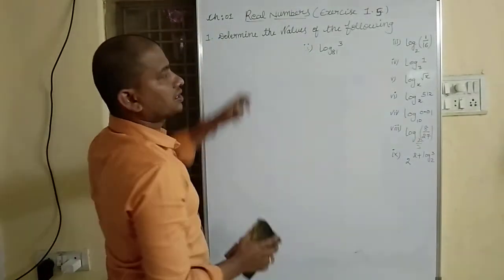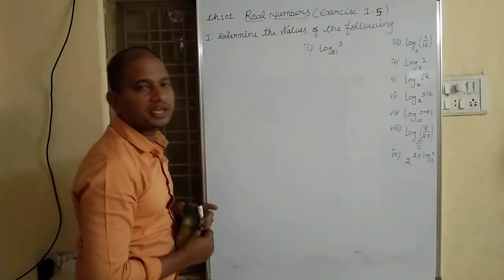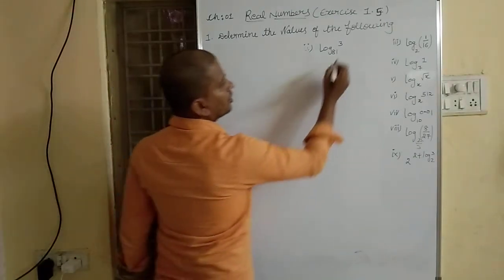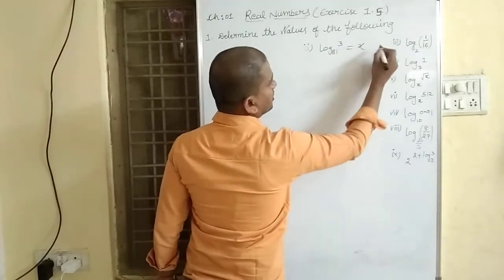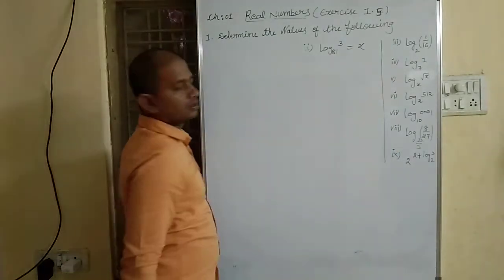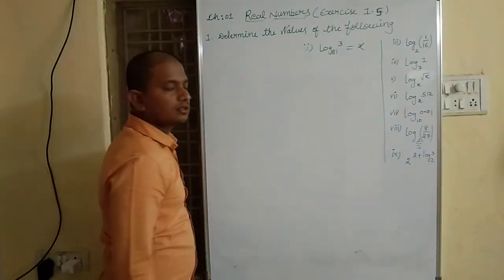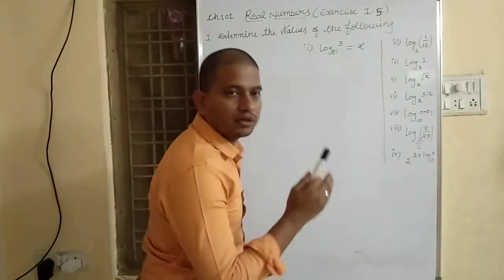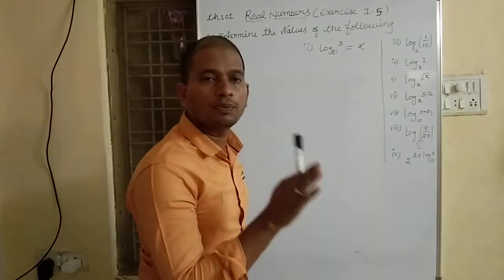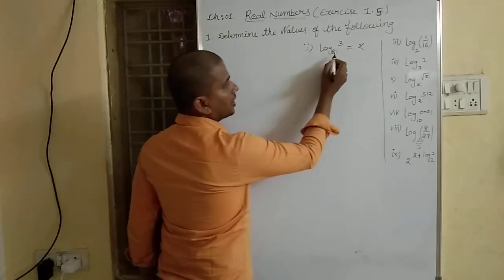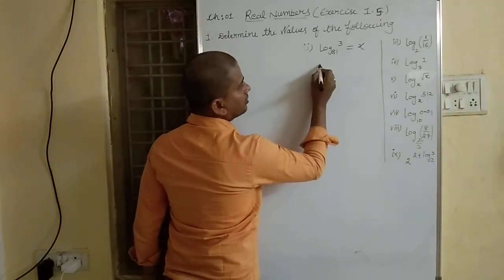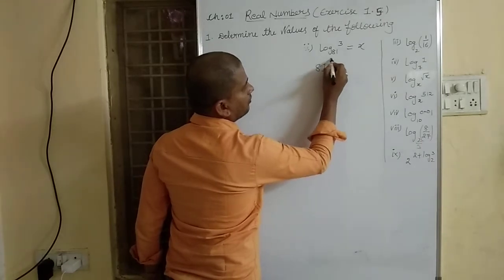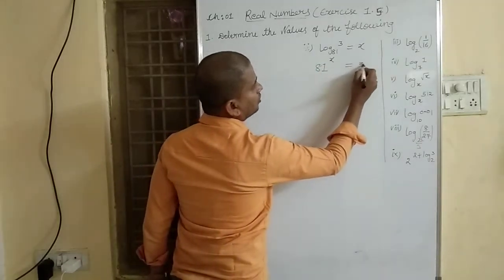The second question is log 3 base 81. Again, you consider it as x, which is in logarithmic form. Convert it into exponential form, that is 81 power x, 81 to the power x is equal to 3.